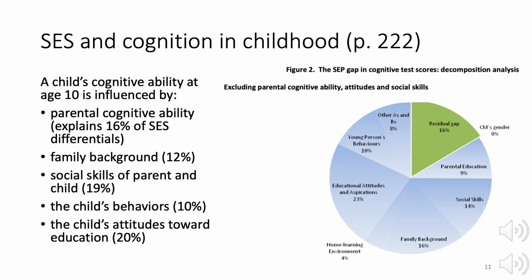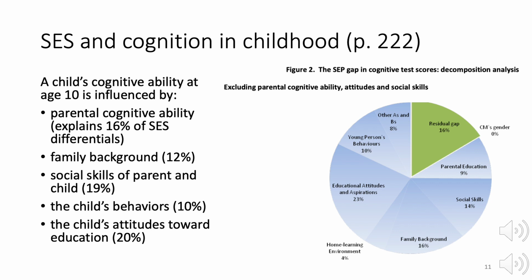An interesting decomposition study of the socioeconomic status gap in cognitive test scores shows that much of the child's cognitive ability at age 10 is influenced by parental cognitive ability, family background, and also the social skills of the parent.